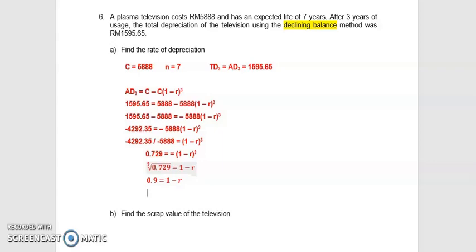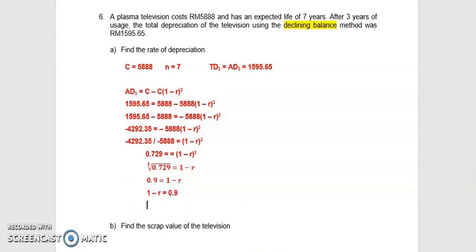Make R as the subject. If you are confused, you bring all on right hand side to left hand side. 1 minus R equal to 0.9. Negative R equal to 0.9 minus 1, so positive to right hand side becomes minus.